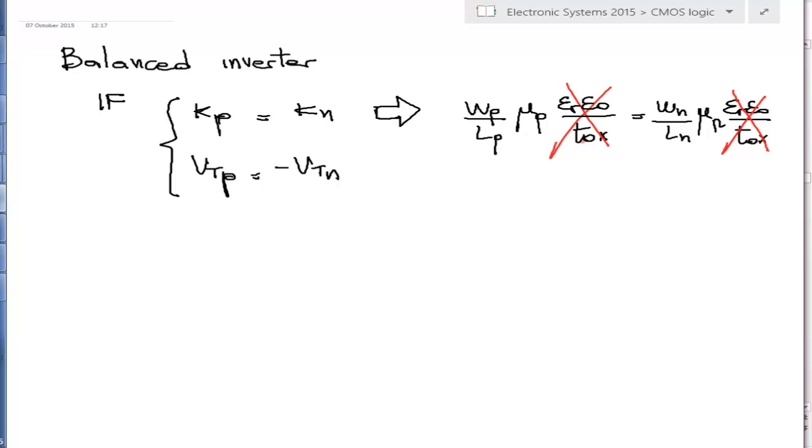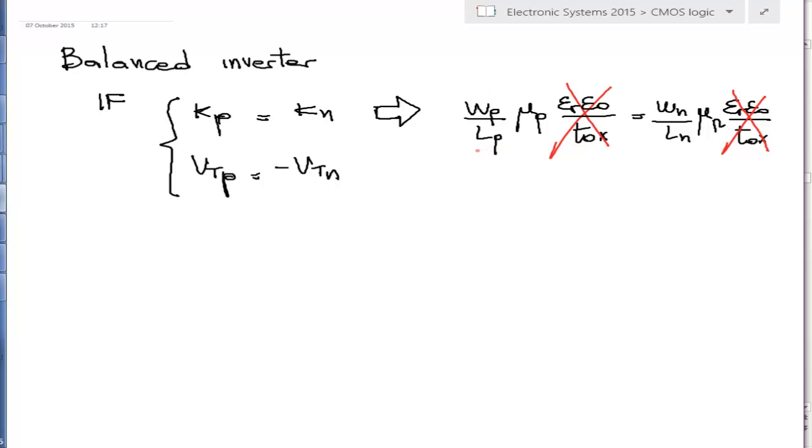The mobilities are different for electrons and holes. And if we want to have a balanced inverter, we have to compensate for the difference in mobility by changing the geometry. And actually, what we do is we change the width. Of course, you already know that because you have seen the program. You know how the sizing of a CMOS logic works. I just want to go again over these concepts. Why do we touch W?